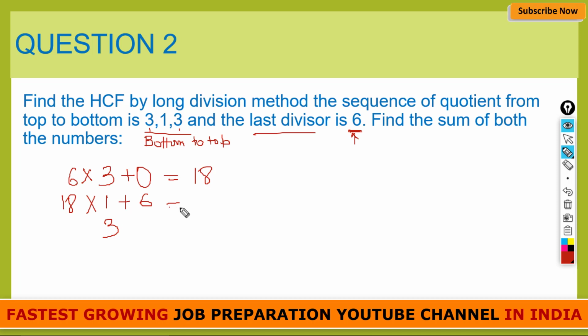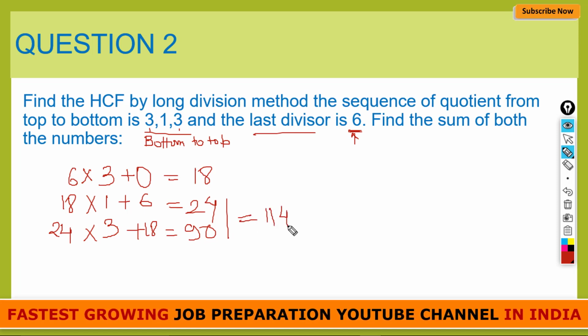So 6 will be added and it gives 24, and again we have to do the same thing, 24 into 3 plus 18, which gives us 90. The question is to find the sum of both the numbers. So we add these numbers, which equals 114.